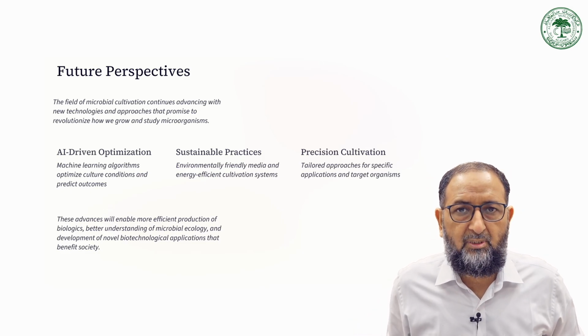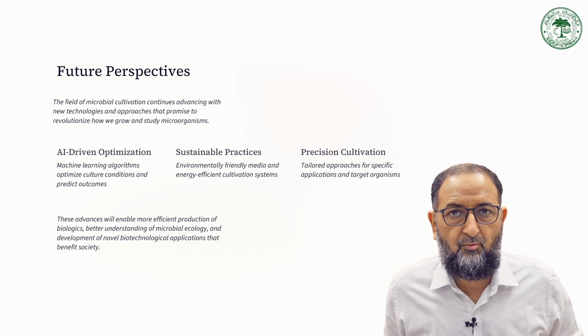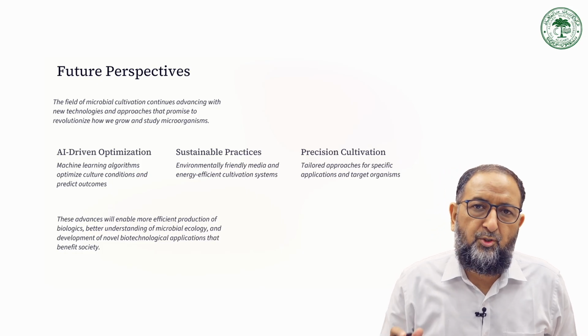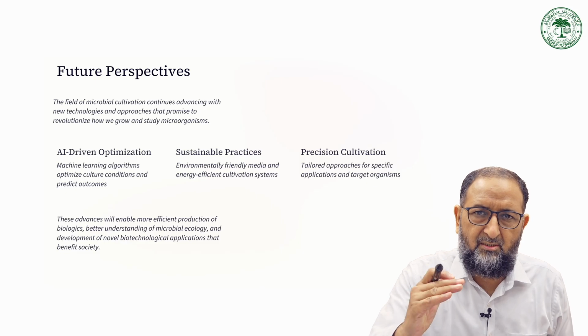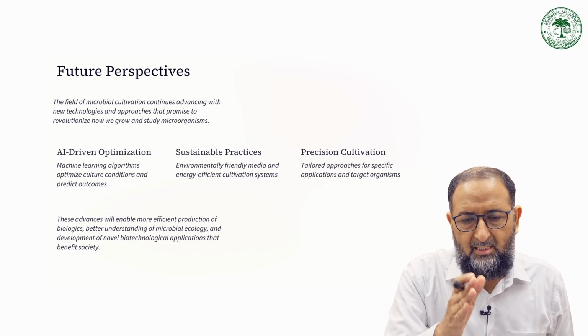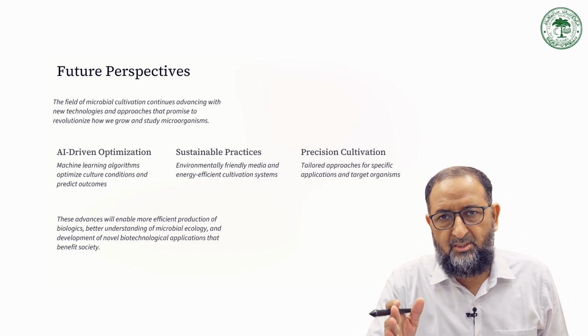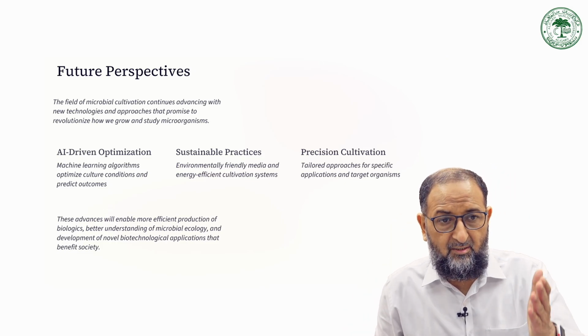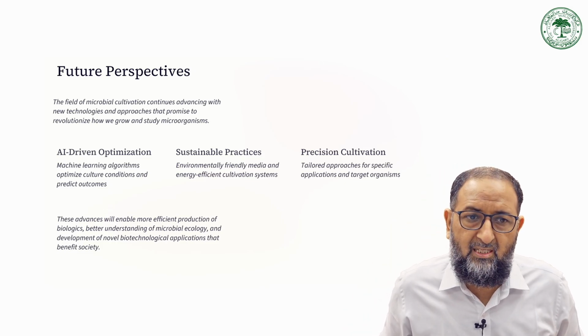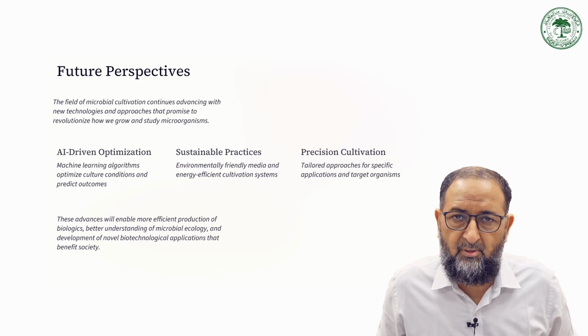For that, growth kinetics is very important to study. Once you get this data, for example, at this temperature and pH the growth rate is this, and in another combination of temperature and nutrients you have this growth. So this kind of information is available, and through AI models, AI-driven optimization becomes easily possible.